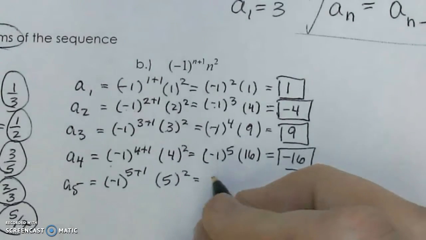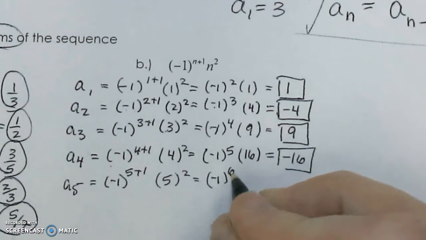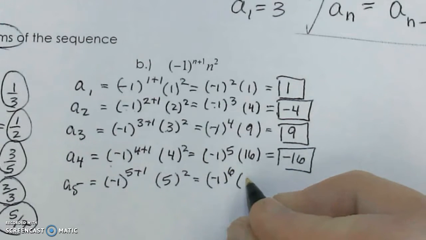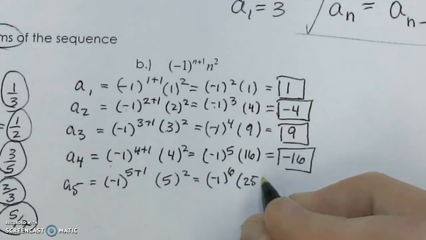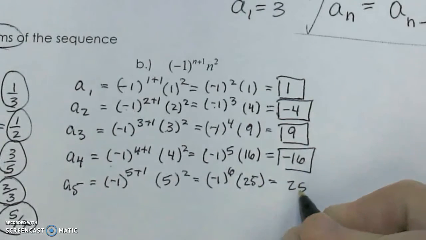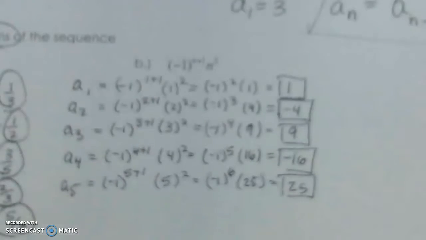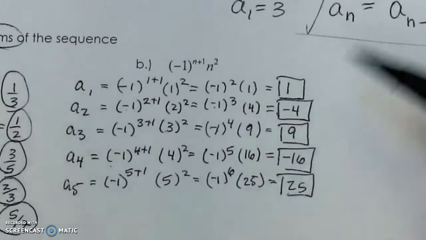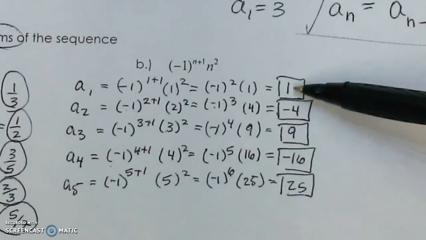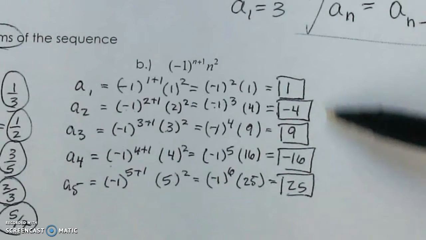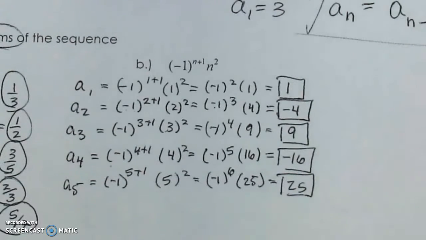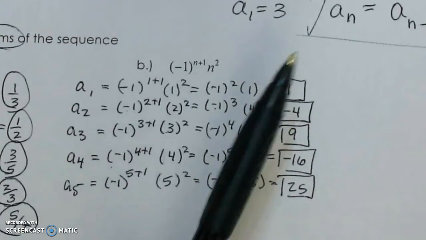So I'm getting negative 1 to the 6th, which is going to make it positive, and then 5 squared is 25. And so here I'm getting positive 25. And this rule we can see is just the perfect squares, 1, 4, 9, 16, 25, with an alternating negative. So it's kind of a complicated rule, but that is what it did.